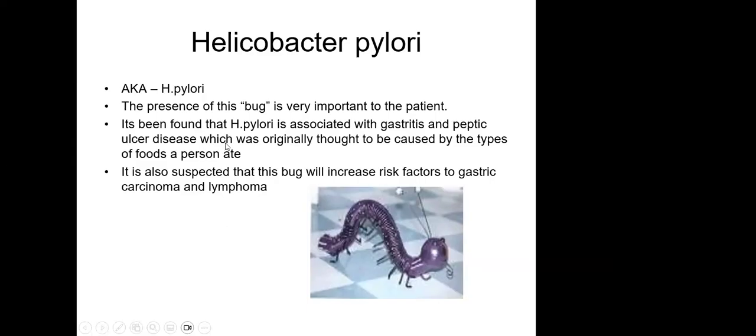It used to be years ago that ulcers and peptic ulcers and gastritis, inflammation of the gastric lining, were all thought to be due to what the person ate, until they discovered this bug. We haven't known about this bug for very long, probably maybe 25 years, maybe more like 28.